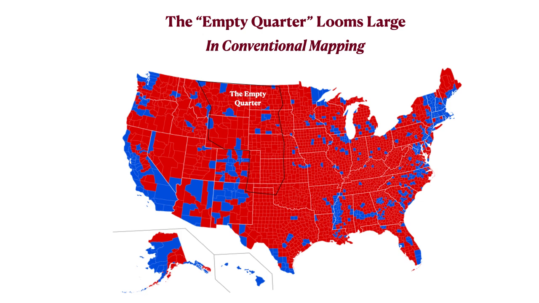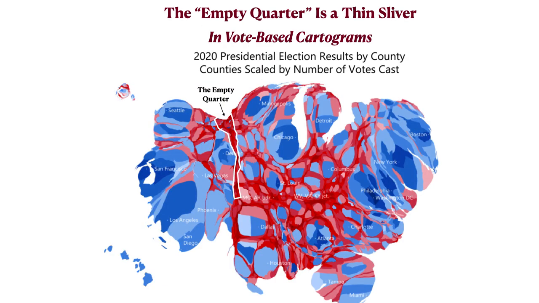You look at it on a regular county level map, yeah, well, of course, it's the same size. And then you look at it on a cartogram, and you can see it is just a relatively small sliver. It's very red, with a couple of little tiny blue islands, which I've explained previously. So in many ways, that's a much better way to visualize the geographical and demographic patterns in the country.